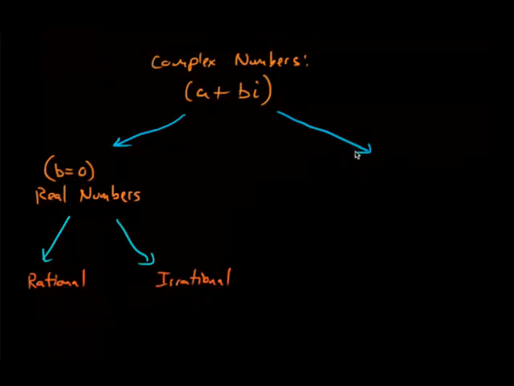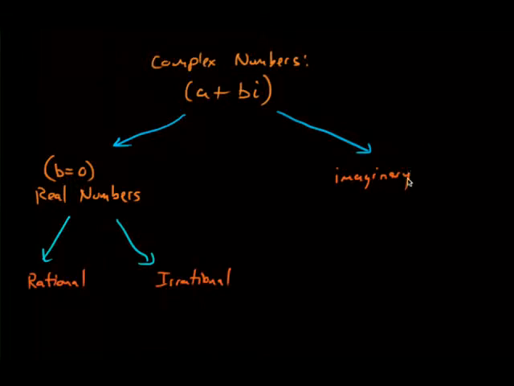Now, then there are imaginary numbers, is the other set. Imaginary numbers, and in those, b is not equal to 0. So imaginary numbers are any number that has an i within it, okay? And within the realm of imaginary numbers, there's two sets as well.